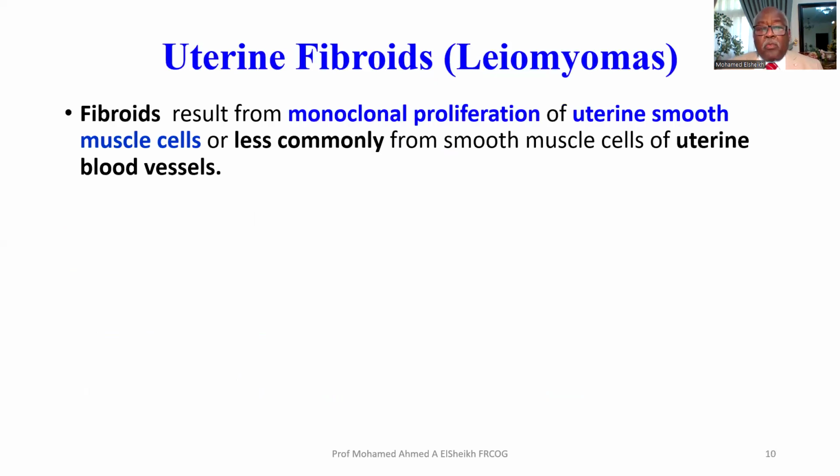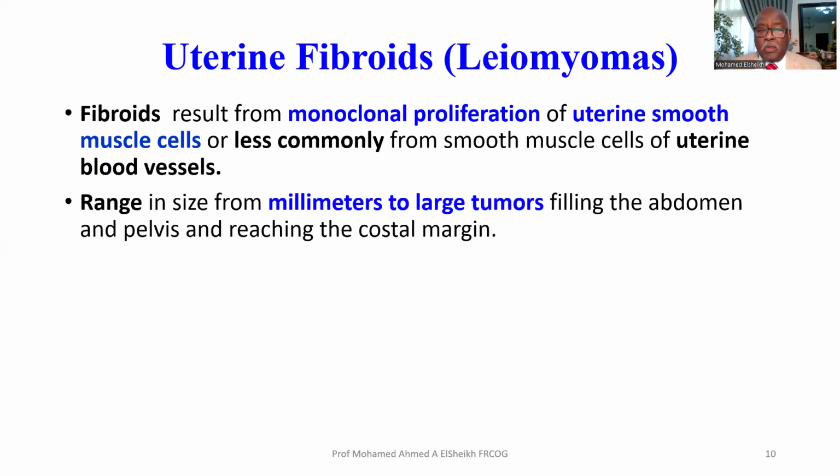They result from the monoclonal proliferation of the uterine smooth muscle cells, or less commonly from the smooth muscle cells of the uterine blood vessels. So it's a proliferation of the smooth muscle cells in the uterus, leading to development of fibroids.